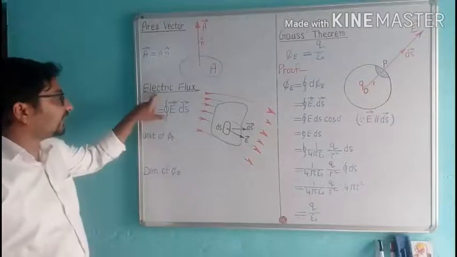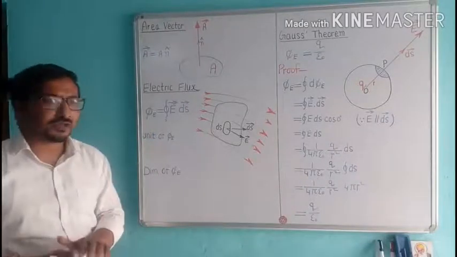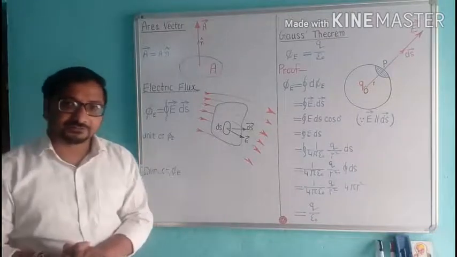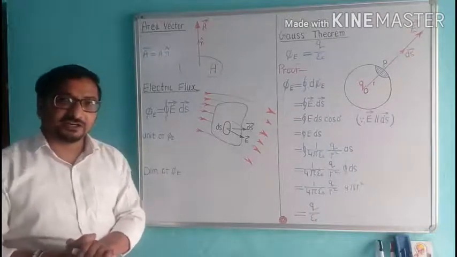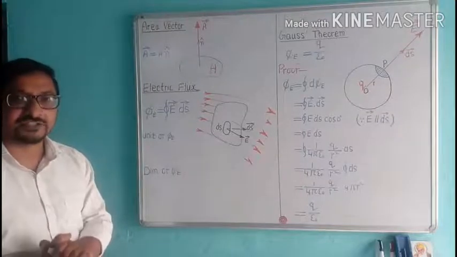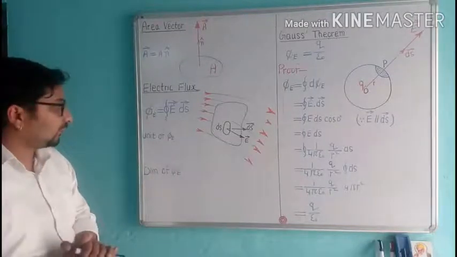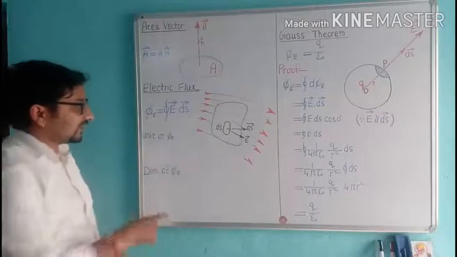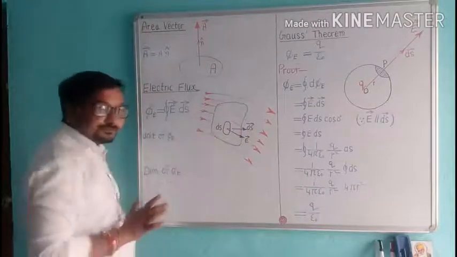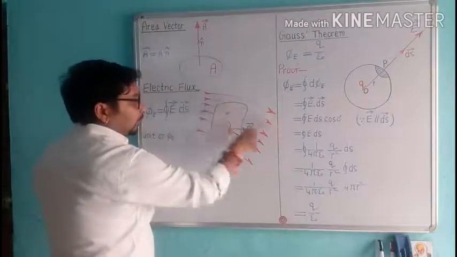Next is electric flux. Electric flux over an arbitrary area in the electric field is a measure of the number of electric field lines passing through that surface. Consider an arbitrary area in a non-uniform electric field.